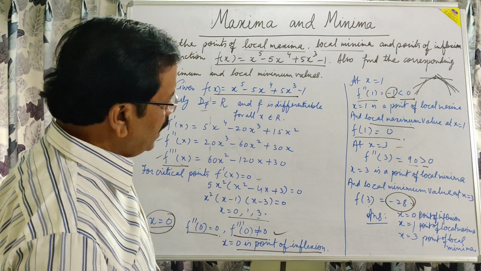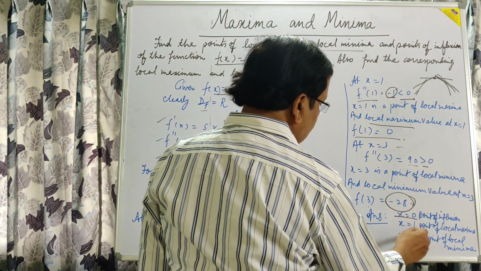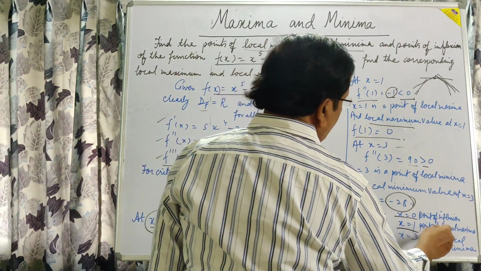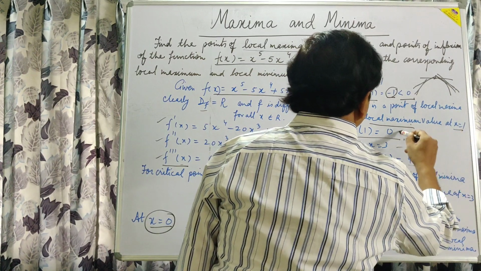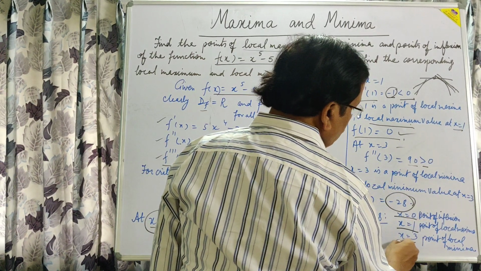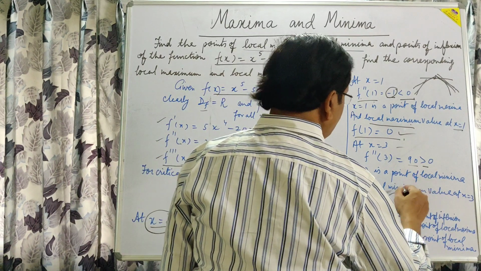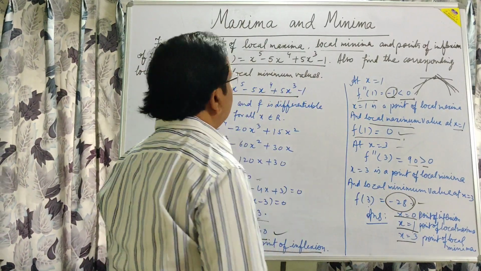We get x equal to 0 as the point of inflection, x equal to 1 as the point of local maxima with maximum value 0, and x equal to 3 as the point of local minima with minimum value minus 28.